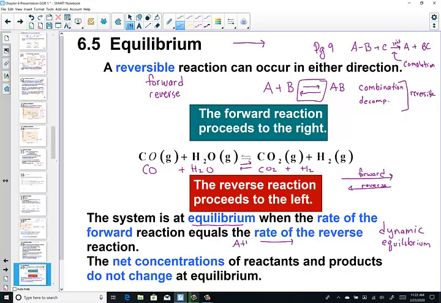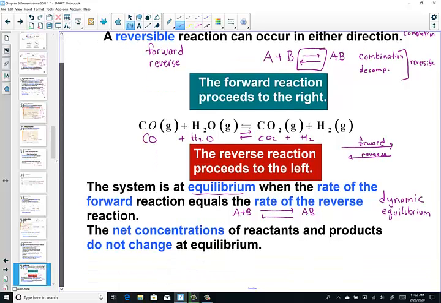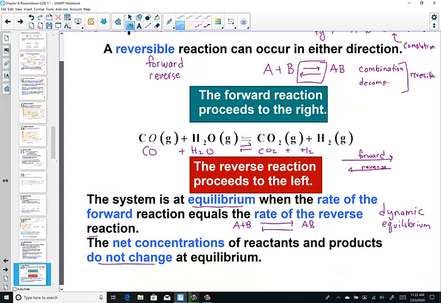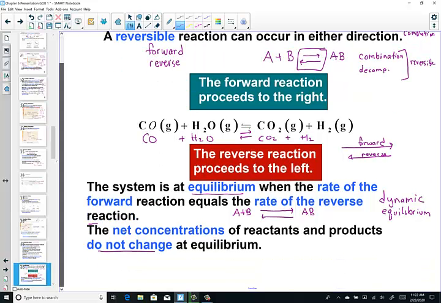So A plus B is producing product AB at the same rate as it's going back and decomposing. Now, the net concentrations of the reactants and products do not change once you've achieved equilibrium. So once equilibrium is established, the concentrations of reactants and products are stabilized.